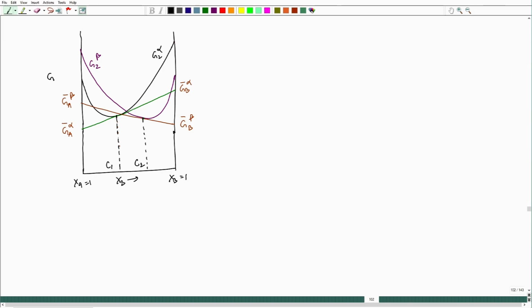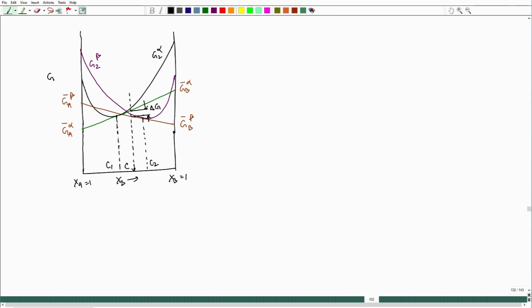Now, if I try to find out a composition in between C1 and C2, let us say this is C, and if I try to find out the difference of free energy, this free energy difference between the points of the tangent over alpha composition and the tangent over beta composition, that is cutting across the composition at C. So, this is C2 at C. So, this composition where that is cutting. So, that is basically the difference.